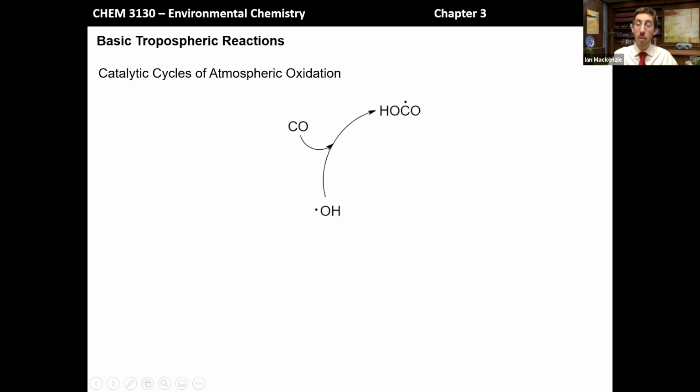This intermediate radical is now very reactive and so reacts with diatomic oxygen or molecular oxygen, and that does a hydrogen atom abstraction and oxidizes this species up to CO2, and that leaves you then with the hydroperoxy radical.